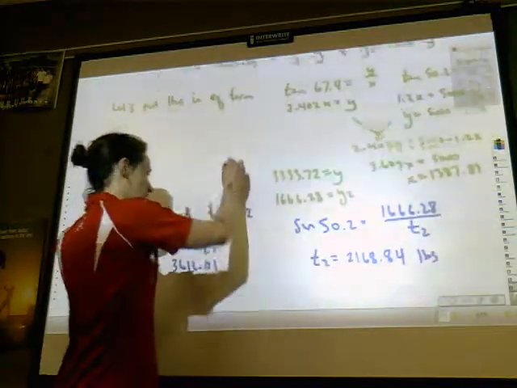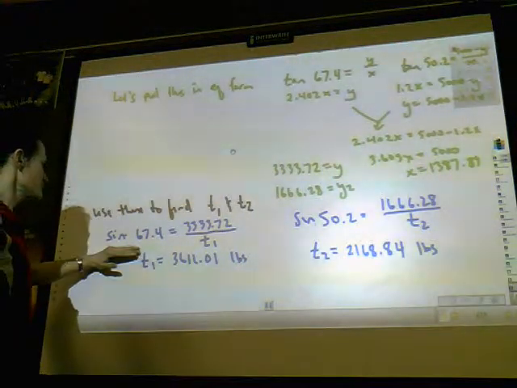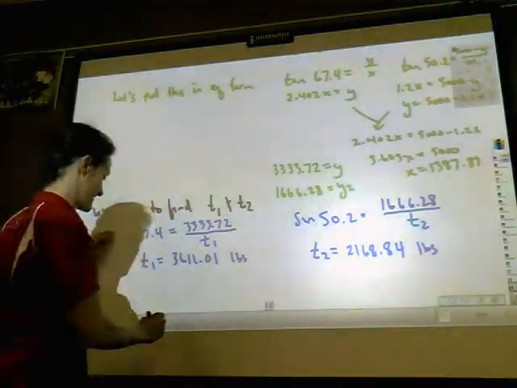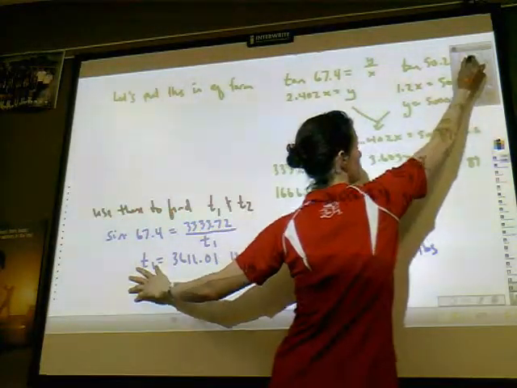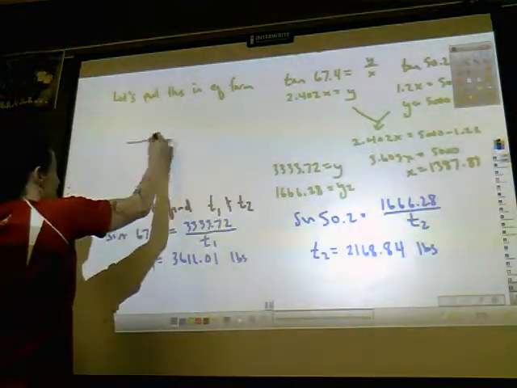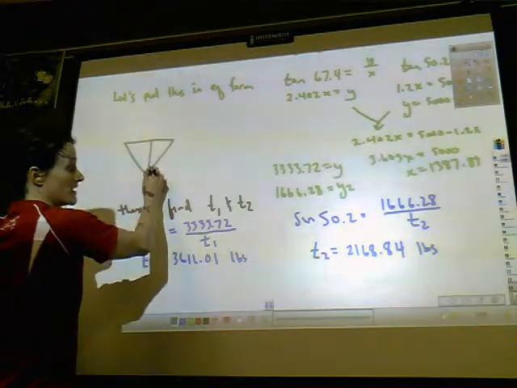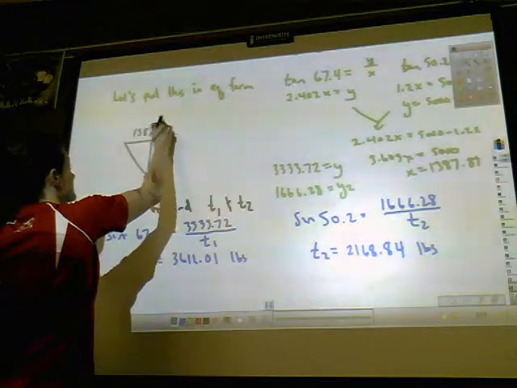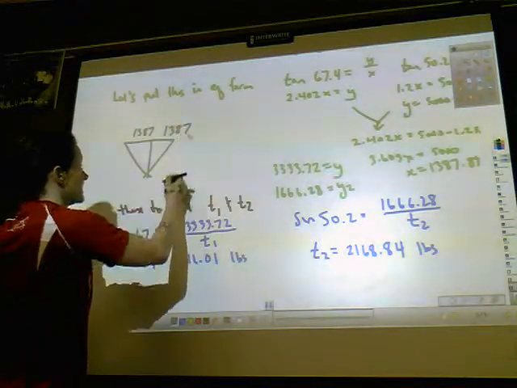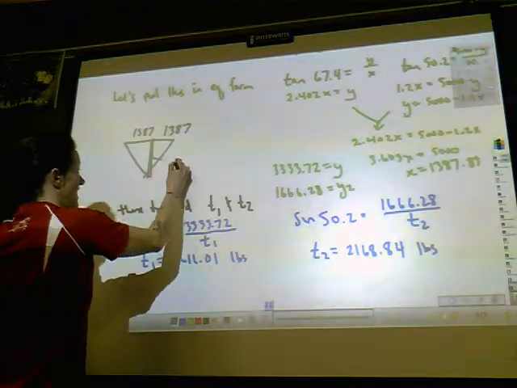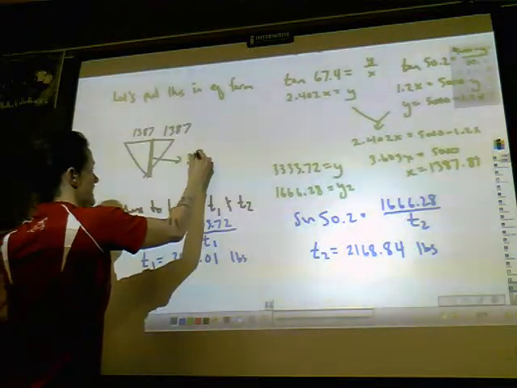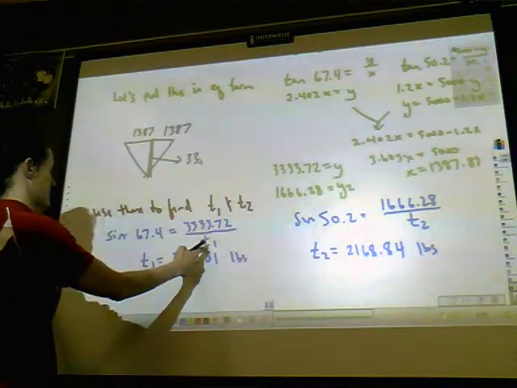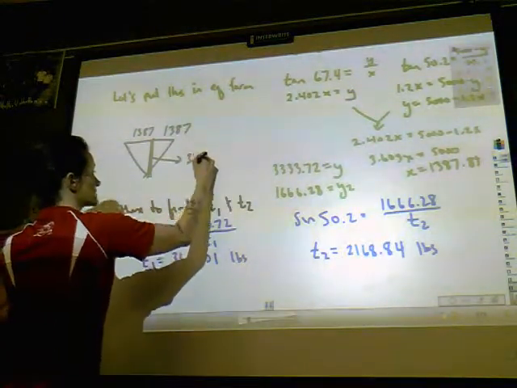So now, one more calculation using sine, because if I go back to that diagram one more time, we now have numbers we can put in here. We've got 1387 and 1387, and then on this side I have 3,300. Whoops, I have them on the wrong side. Sorry.